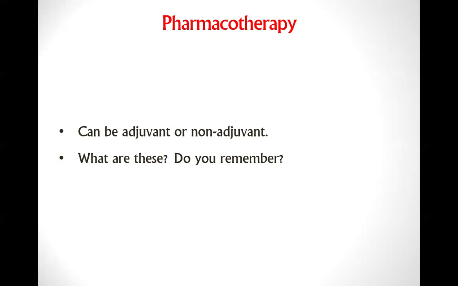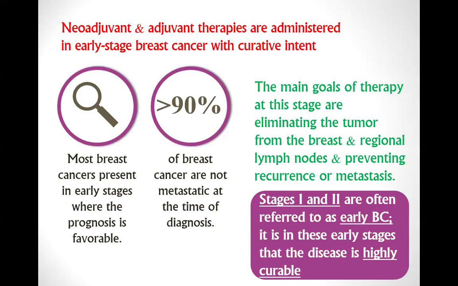In that case, the smallest possible resection will be more appropriate, isn't it? So neoadjuvant aims to shrink the tumor as much as possible so that the breast tissue removed is as small as possible. Did I make myself clear? So it can be adjuvant or neoadjuvant.